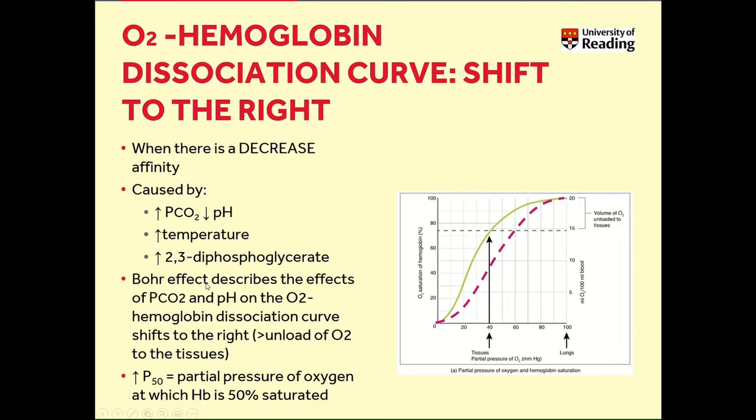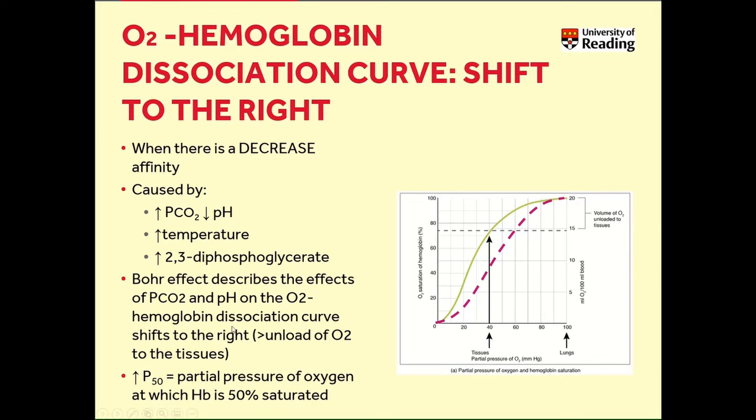So the Bohr effect is the effect caused by an increase of CO2 or a decrease in pH on the oxygen hemoglobin dissociation curve, which leads to an increased unloading of oxygen to the tissue.